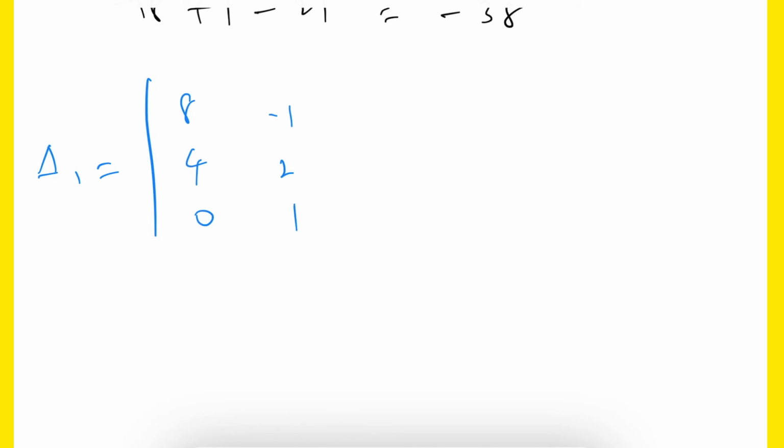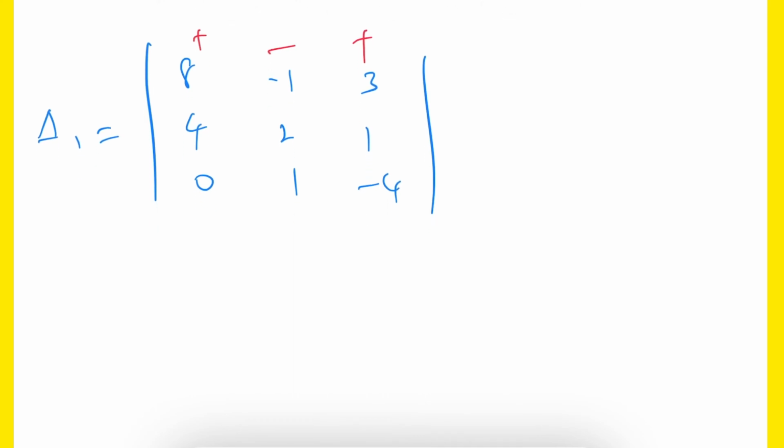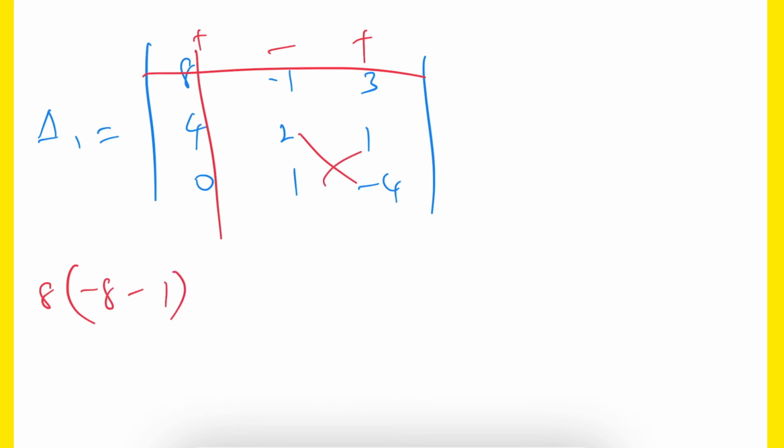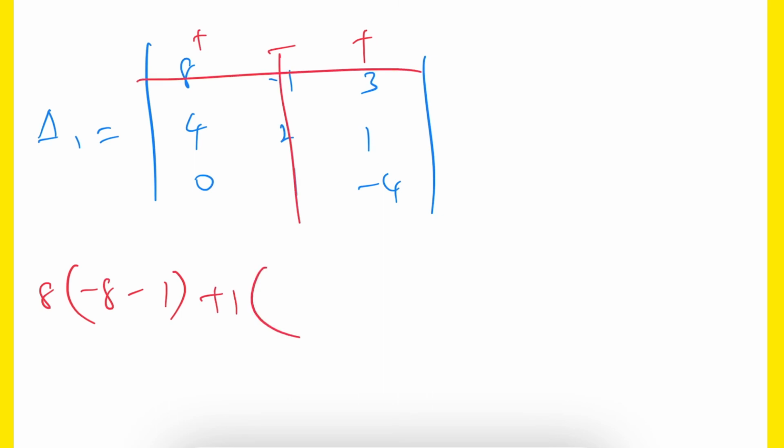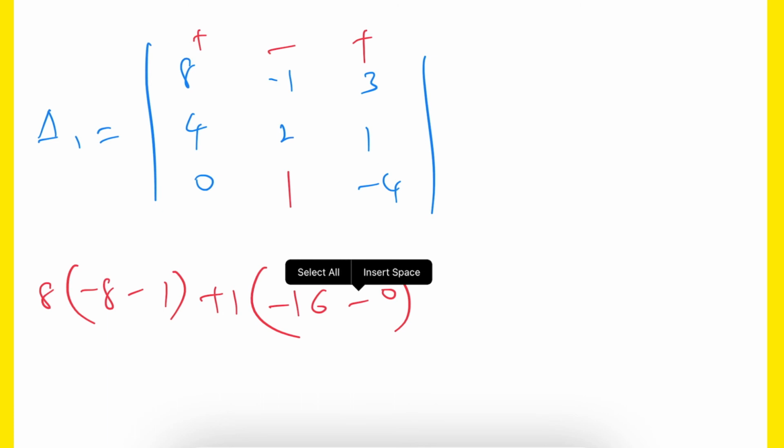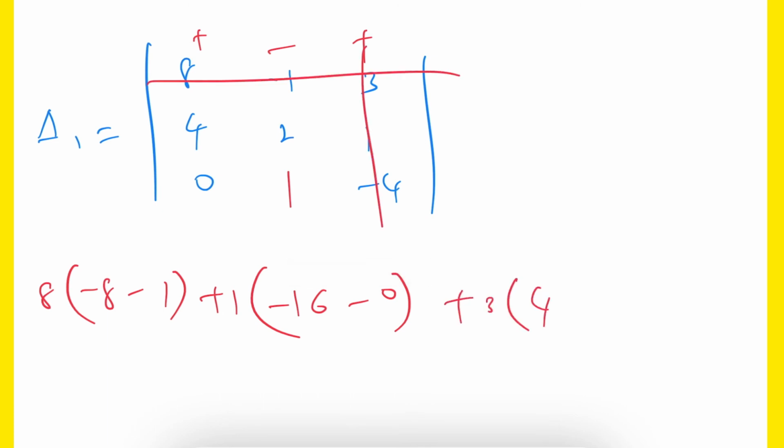Let us find out the determinant for this. 8 into 2 into minus 4 minus 8, minus 1 ones are 1. Next element will be minus into minus 1 plus 1 times 4 into minus 4 minus 16, minus 0 into 1 is 0. Then the last element will be plus 3 into 4 into 1 is 4, minus 0 into 2 is 0.